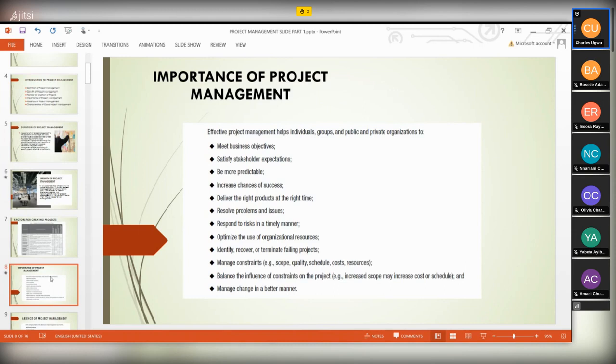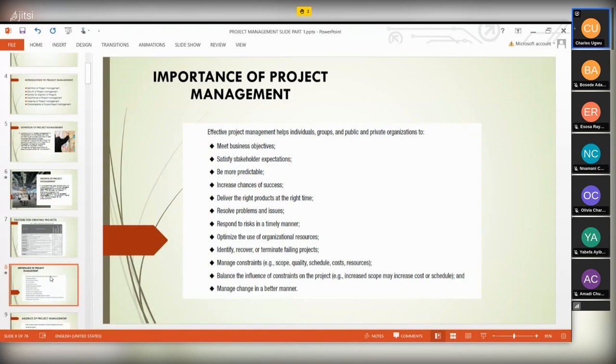Another one is terminate failing project, just like what I said. Some projects, you find out that it cannot continue, terminate the project. So these are some of the reasons why you should use project management in managing your project. You don't just start a project and just start managing. You need to apply principles that will guide you in managing your project.